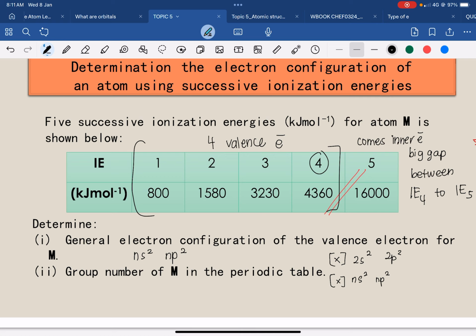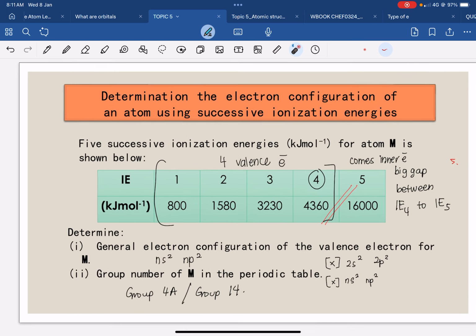Alright, group number of M in the periodic table. So bila kita nak tengok periodic group number of M, so kita maintain dekat main group s dengan p. Okay, so group number dia ialah group 14. Sebab group 4A ataupun group 14. Kenapa kita tahu group 14? Sebab kita punya np2. Kita ada 4 valence elektron.